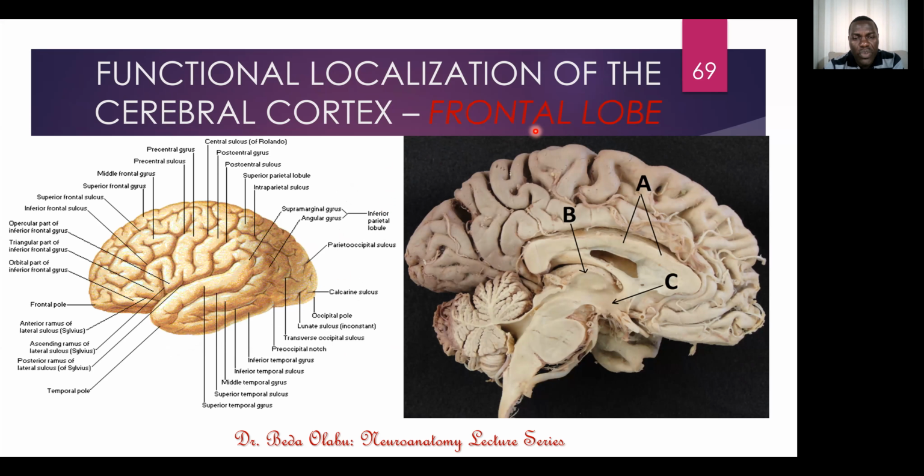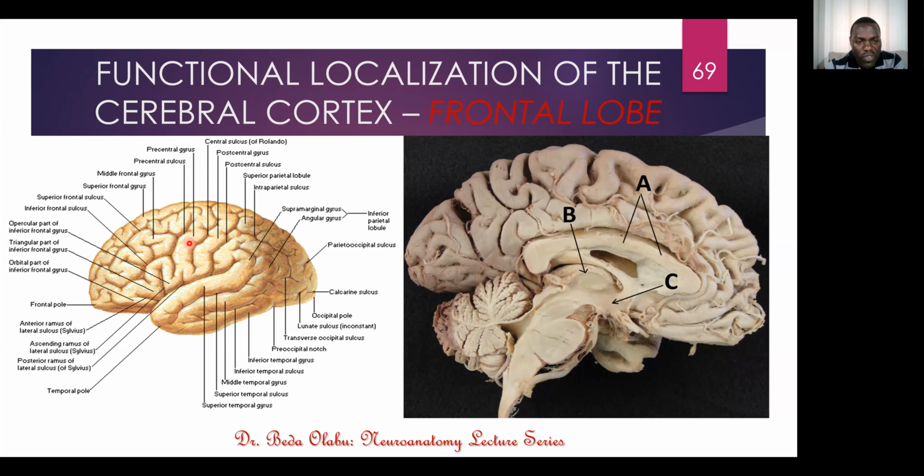I'm going to name for you some gyri in the frontal lobe. So let's focus on the left image. This is the frontal lobe. This is the lateral sulcus, or what others call the Sylvian fissure. This is the central sulcus, or what others call the Rolandic sulcus. So this is the frontal lobe.